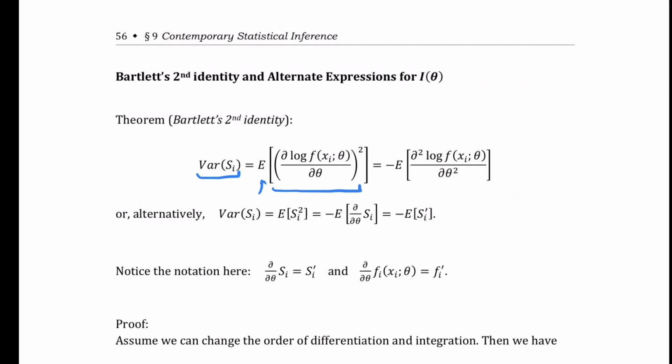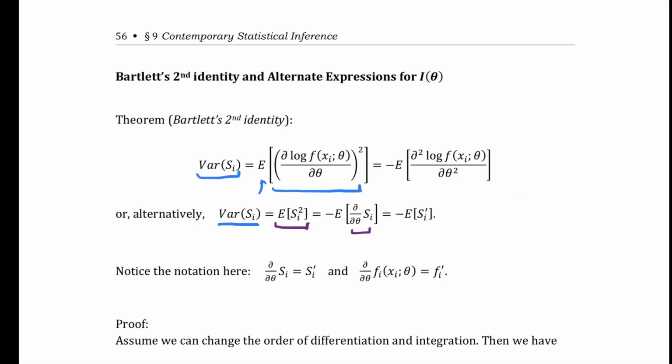Now, wait a second. These things are kind of related, right? So the variance of the score function here is equal to the expected value of the score function squared, is equal to minus the derivative of the score function.